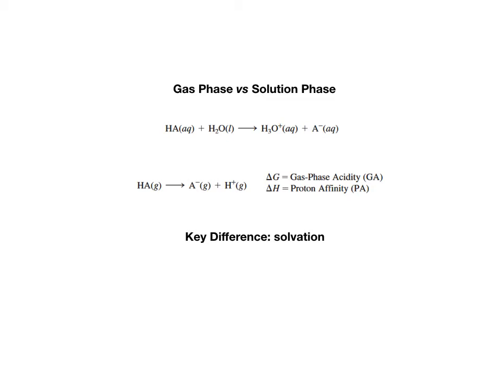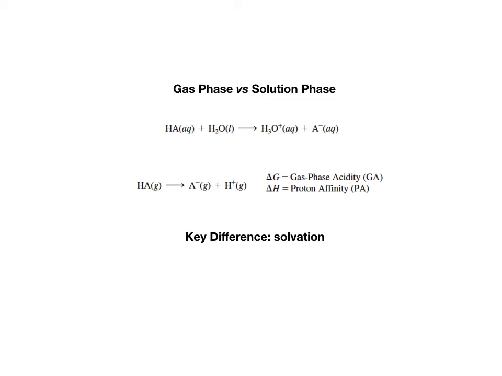Now in the gas phase reaction, we can write down the equation like this, and there will be a corresponding change of Gibbs free energy and enthalpy, and the Gibbs free energy will be used in our definition of acidity. Again, in this case, a smaller delta G corresponds to higher acidity.